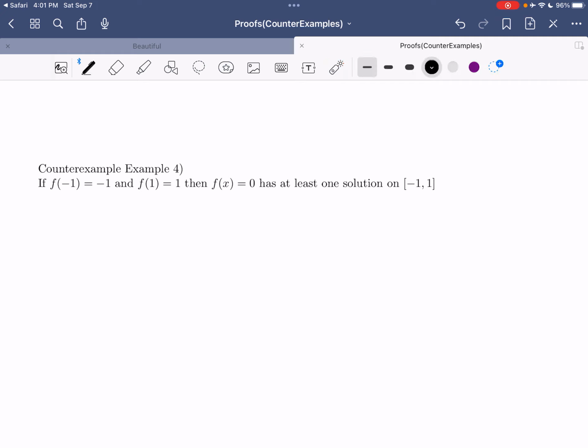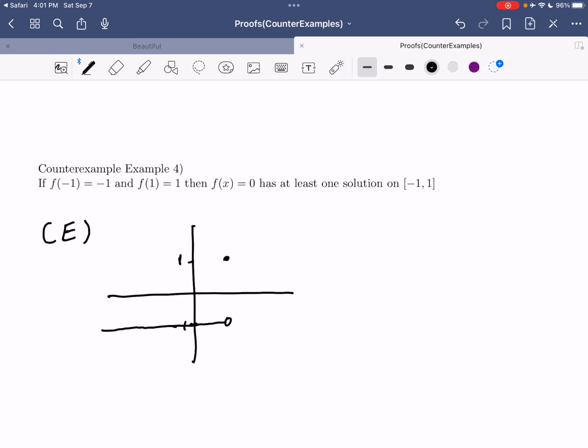So that would make a very easy visual counterexample, where we could simply have a function that's down here at minus 1, and this is positive 1 up here. Maybe this function goes along like this, down here, then right when you get to 1, put an open dot, jump up here, and then continue on.